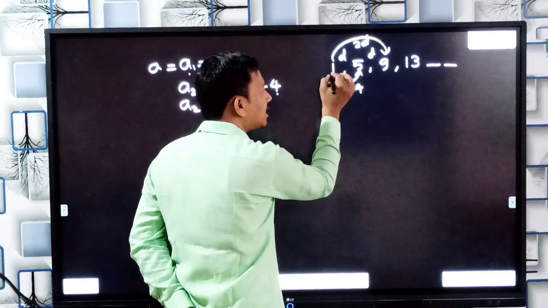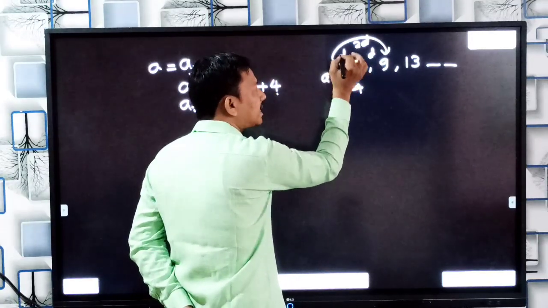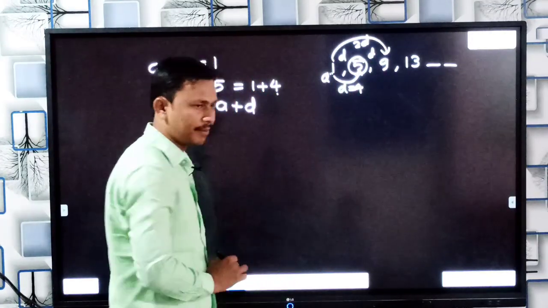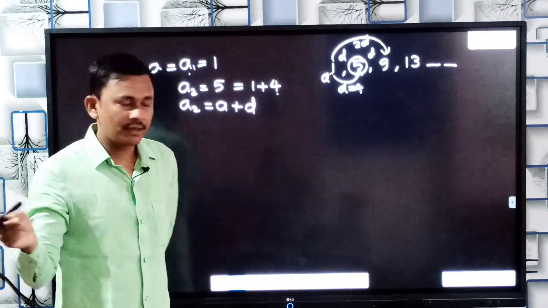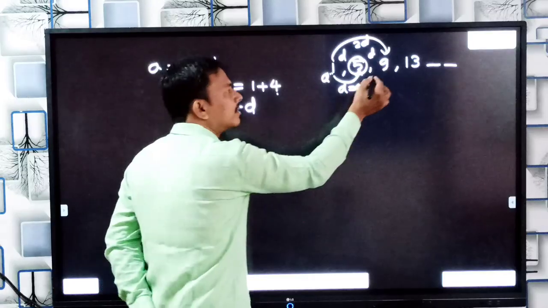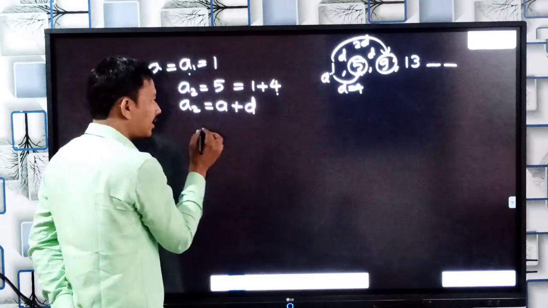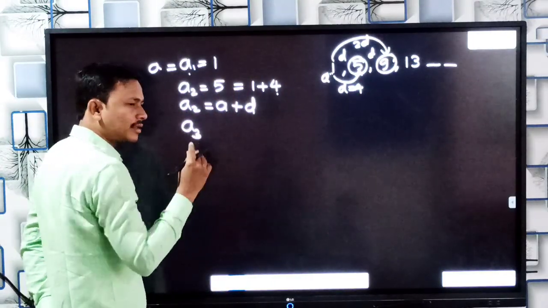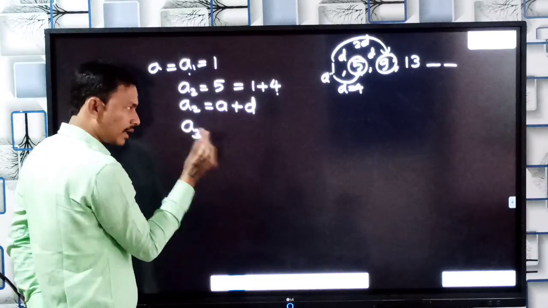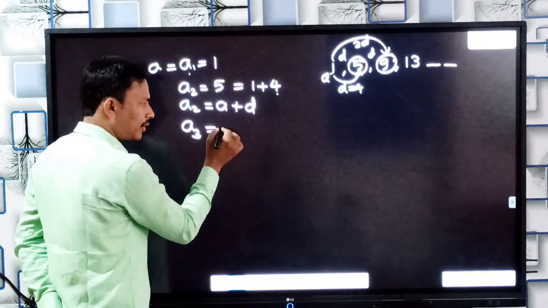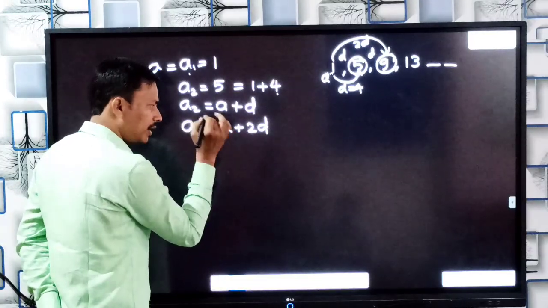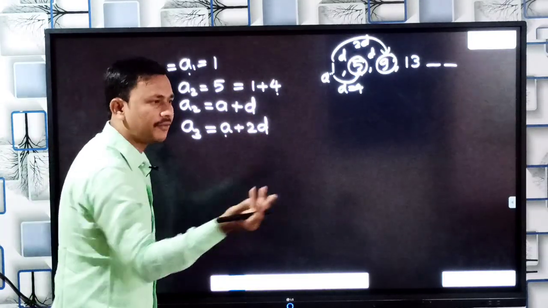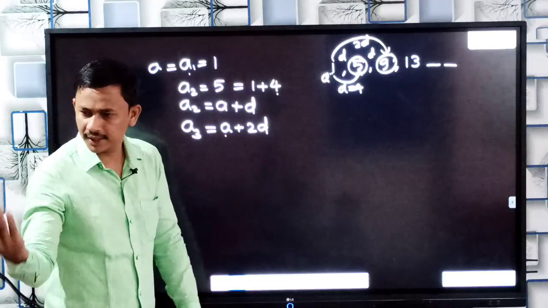This is the first term. A plus D is the second number. A plus 2D is the third number. A3 is the third number. To get the third term, in A we need to add 2 times the difference.